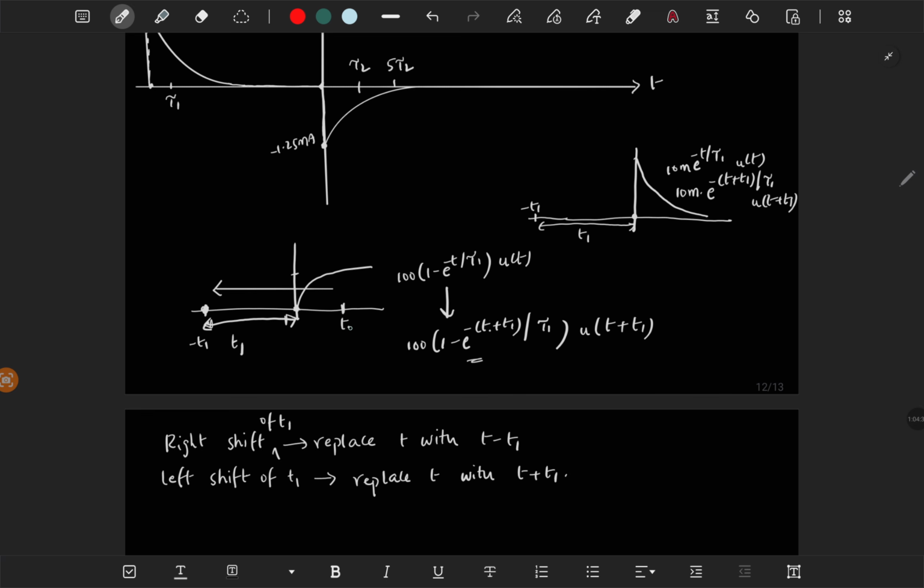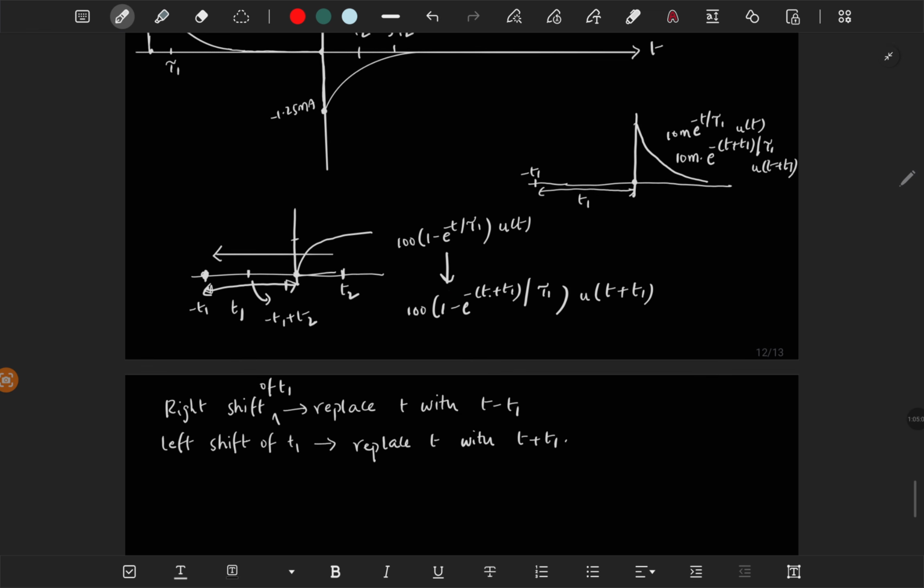Suppose here at t2, then this will become minus t1 plus t2, right? So in this expression, if you replace t with minus t1 plus t2, then you will get the same as the value at t2. You can cross check once.